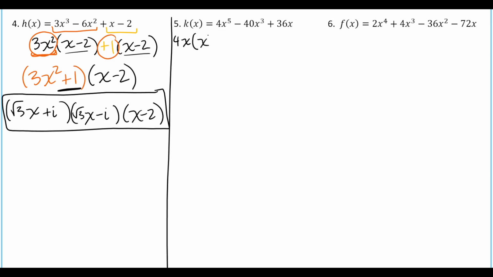I'm left with x to the 4th, not x cubed, minus 10x squared plus 9.